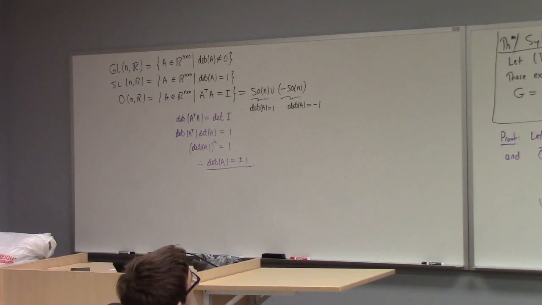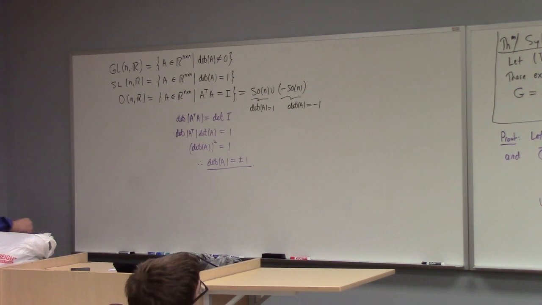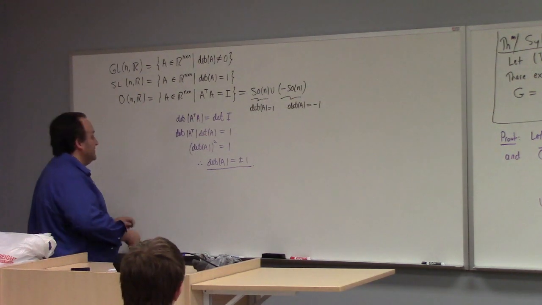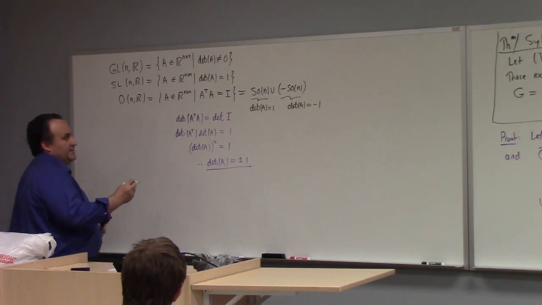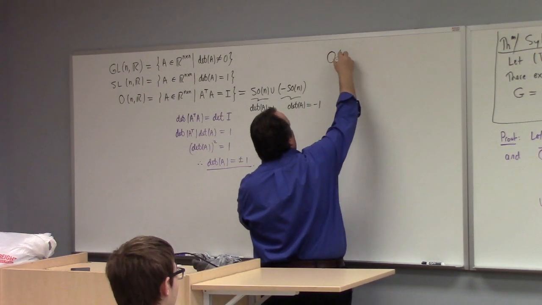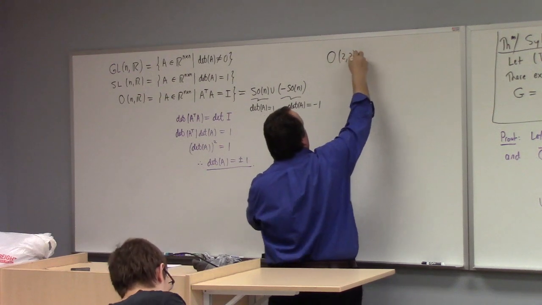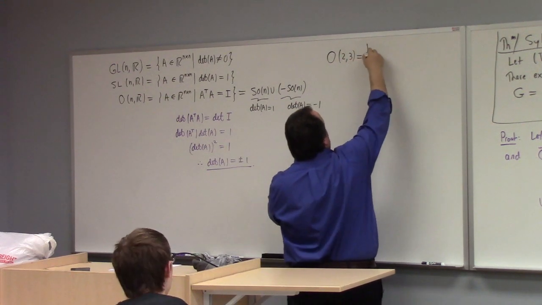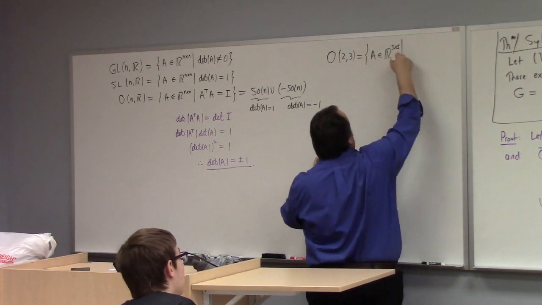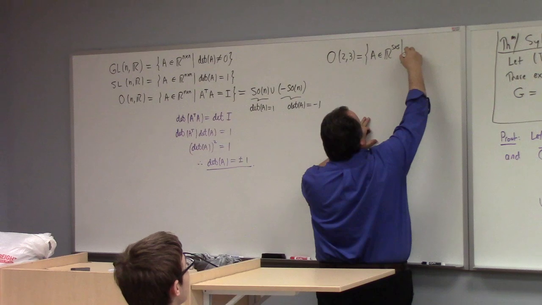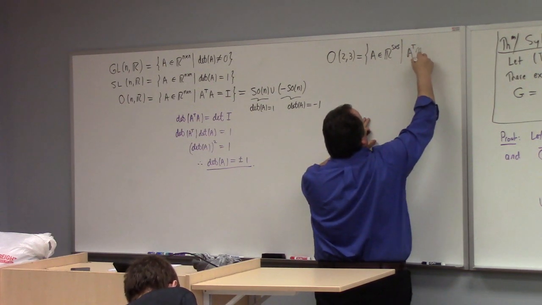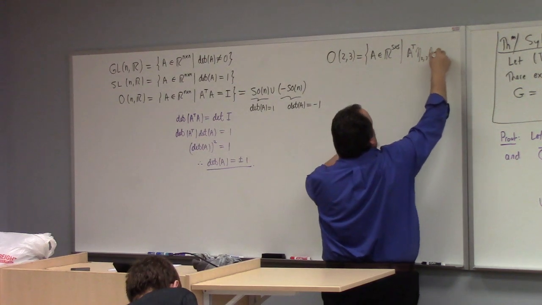Like here's, I don't want to fix a notation in here, but a notation you might consider would be something like this. You could look at something like eta 2,3. And that would be maybe like A in R^(5 by 5), such that A transpose eta 2,3 A is equal to eta 2,3.